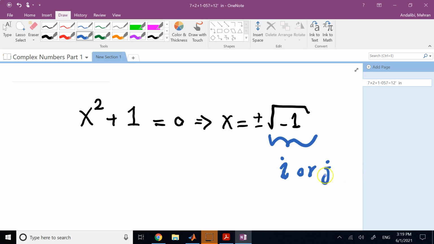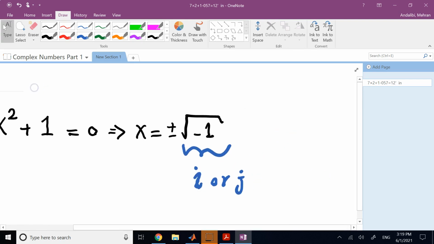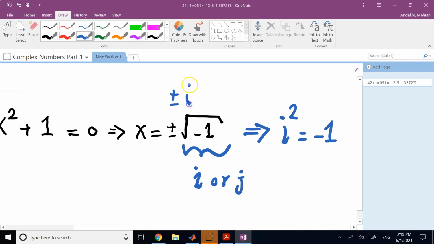So they either call it i or j; in math, as I said, electric students call it j. And so they said there is this imaginary number i or j such that what? Such that i squared is equal to -1. So the solution was plus or minus i.